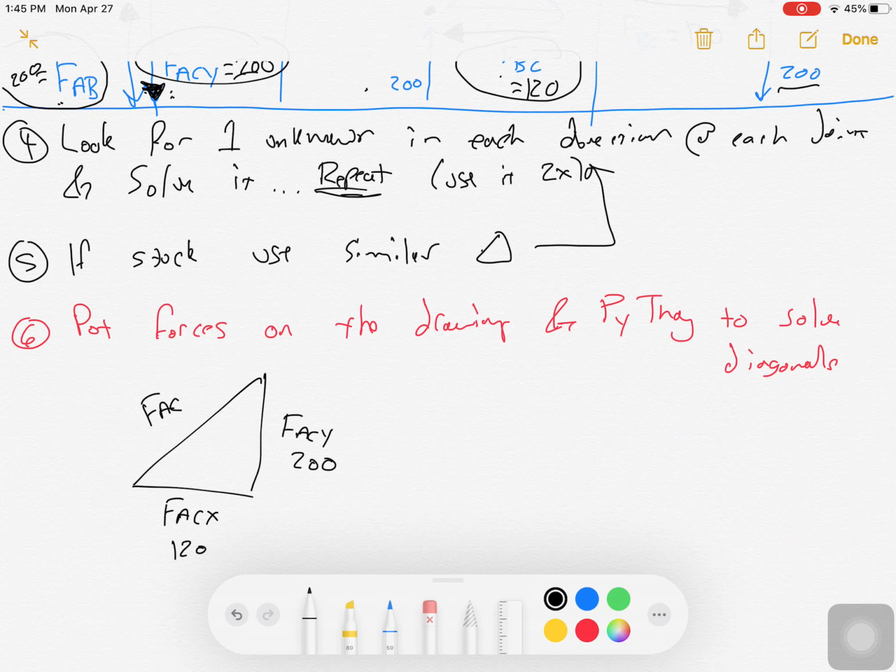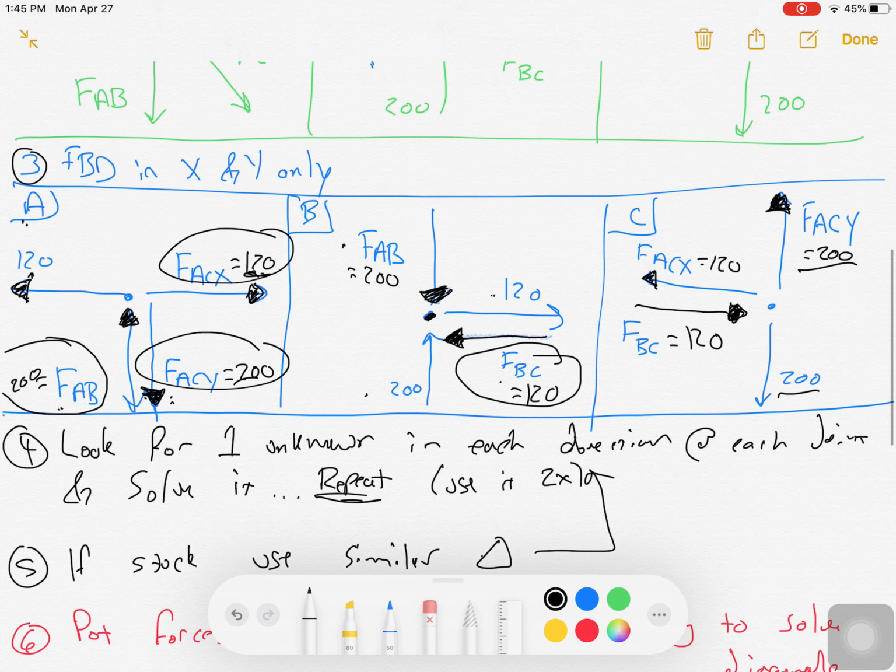So give me a second here, let me get my calculator. And I find that it's 233. And again, I just use Pythagorean theorem. A squared plus b squared equals c squared. So this is 233 on force AC.